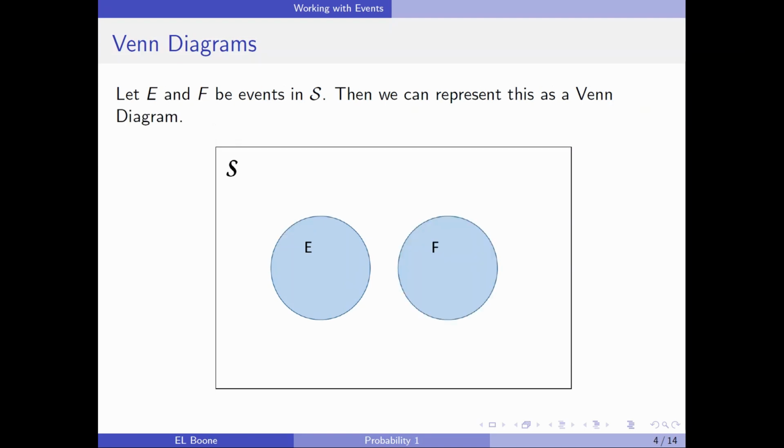Now, if we have two events, we could put all the outcomes that correspond to E into the circle for E, and all the outcomes that correspond to the event F inside the circle for F. Pretty simple, just the same as before. Now, what we might want to do is see what happens if we overlap these things.